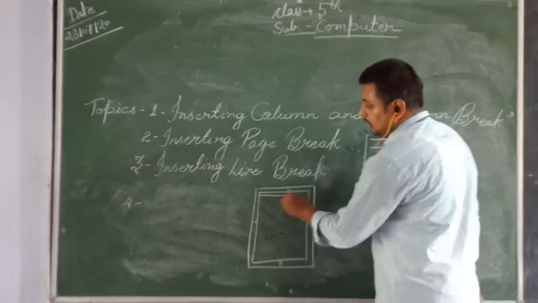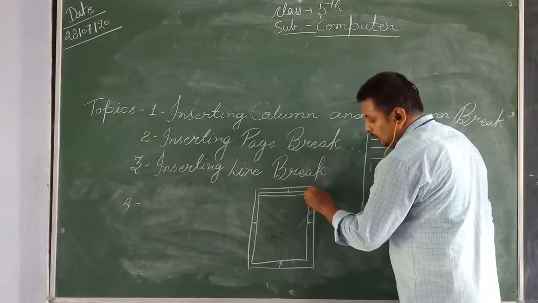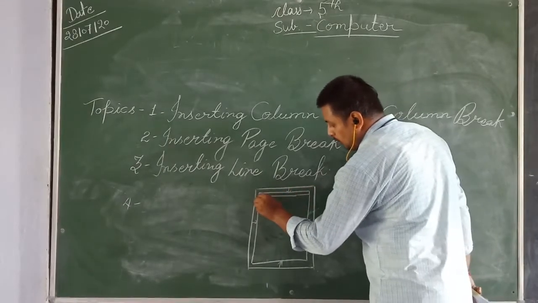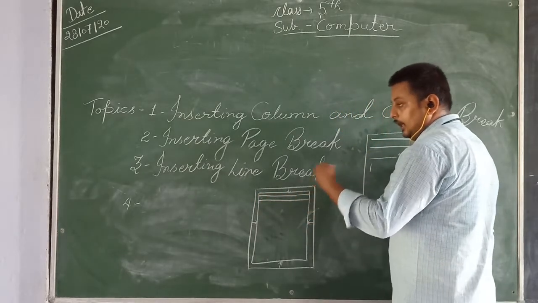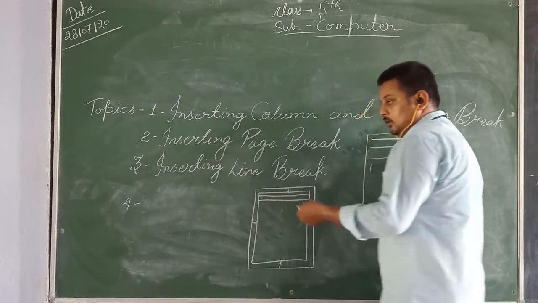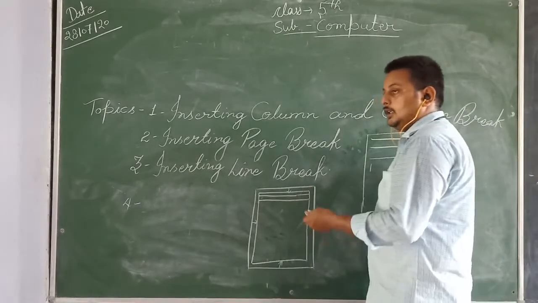Okay, so if you want to write from here, the text will start from here. Whenever you write this line, your cursor will automatically go again from here. You are not supposed to give the command like Enter to go to the next line.